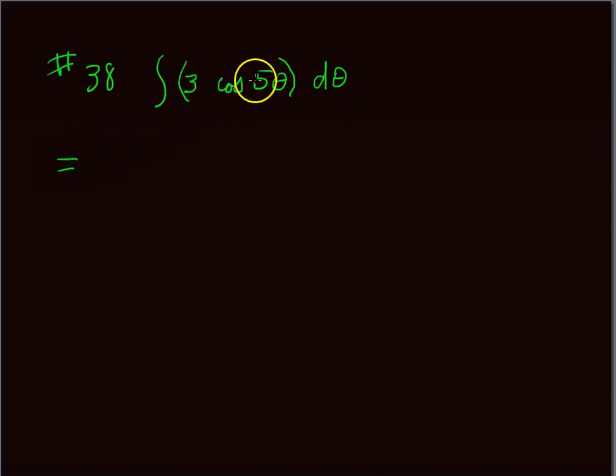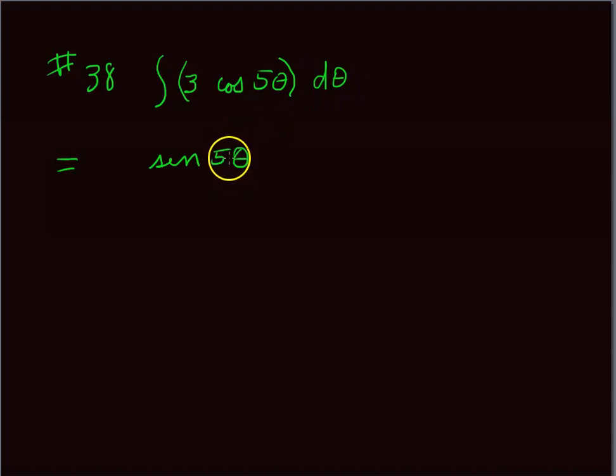But this is multiplication, so let's see. What did I take the derivative of to get cosine? Well, I took sine. And of course I took the same 5 theta, because you just use the same argument. But then, chain rule said I had to take the derivative of this 5 theta, because that's the derivative of the variable of differentiation and integration here.